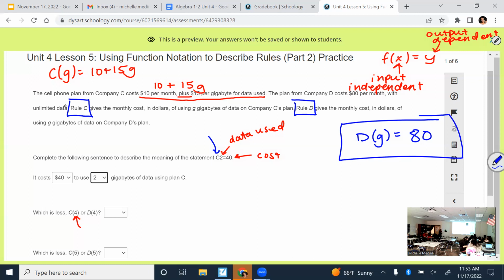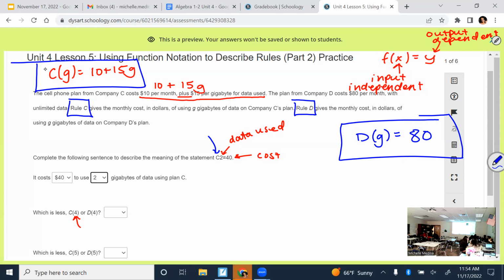Does company D do that? Do they charge more for however much data they use? So do I need a variable over here in any form? No, because they just charge 80. So here's for company D, and here's for company C. Trying to get you guys to stop just guessing and actually understand this.